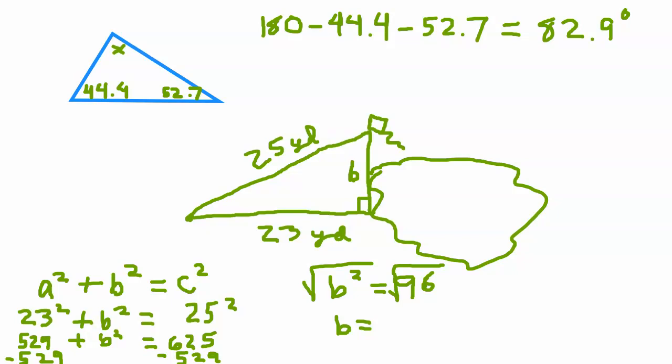I got 9.8. 9.8 is correct because we're rounding to the nearest tenth. The square root of 96 is 9.7975958, blah, blah, blah. Rounding to the nearest tenth, the 9 says to bump the 7 up to an 8.